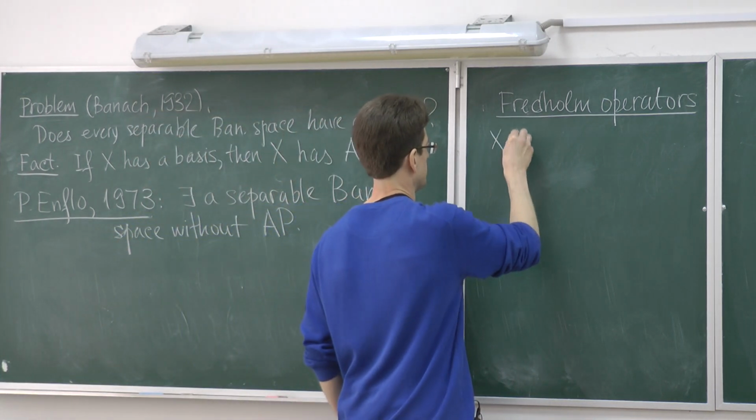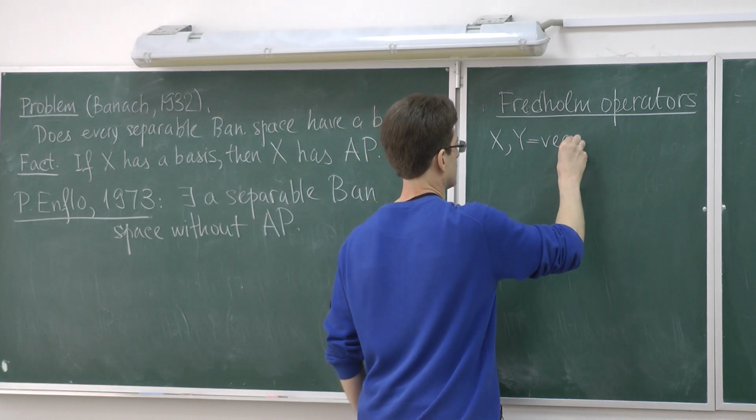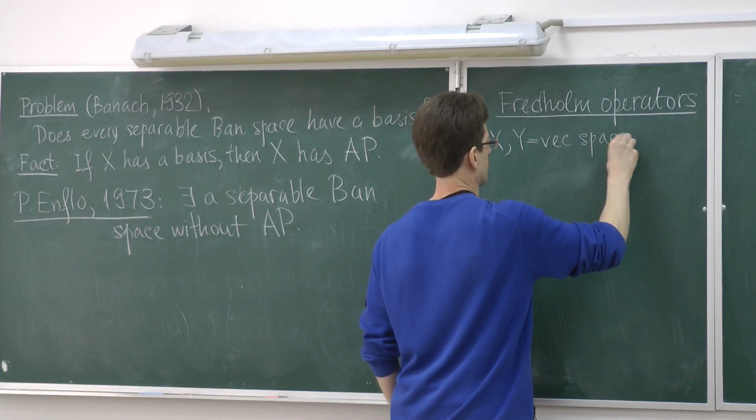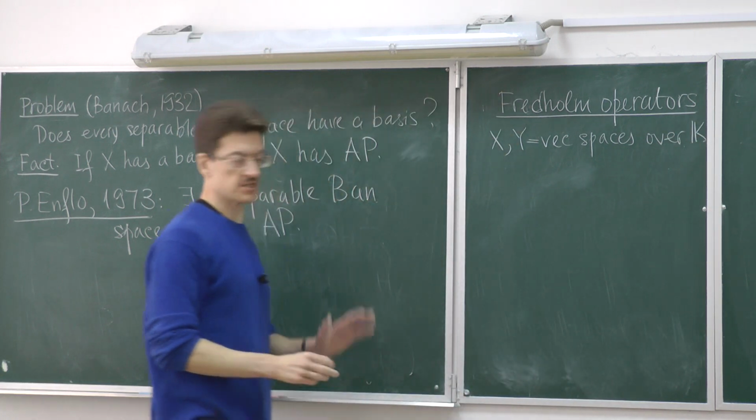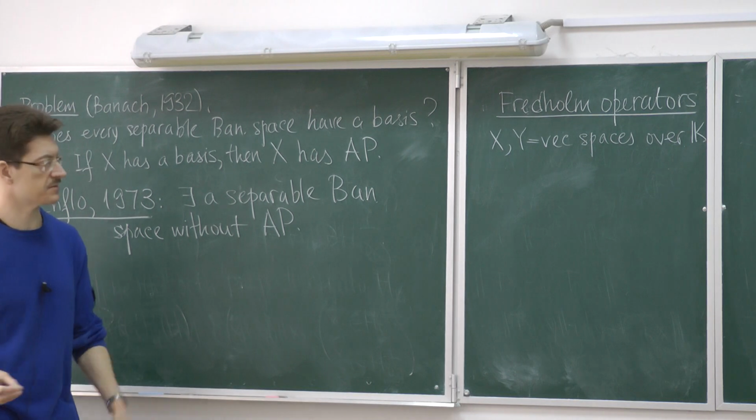Suppose we have two vector spaces, X and Y, just vector spaces; we don't assume that they are normed spaces.